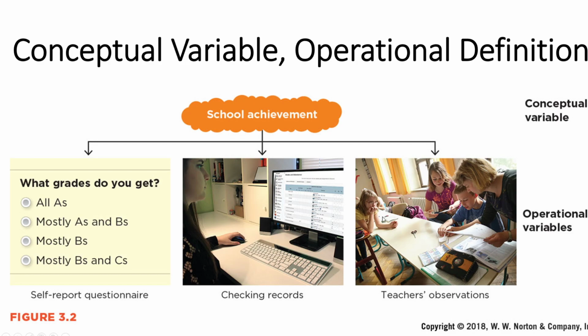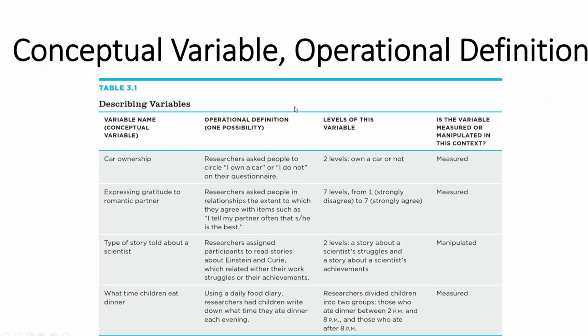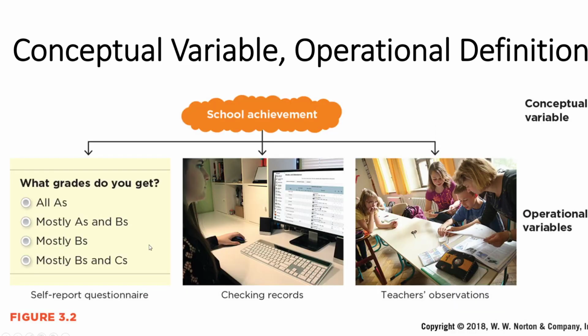Like we just saw, they have an example of how you could operationalize this definition, by either assigning one or the other type of story, or by asking people to circle a response on a survey. Those are pretty common things to see in psychological research.